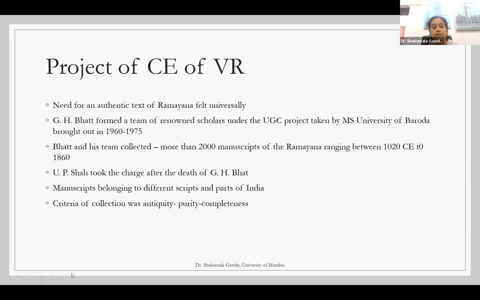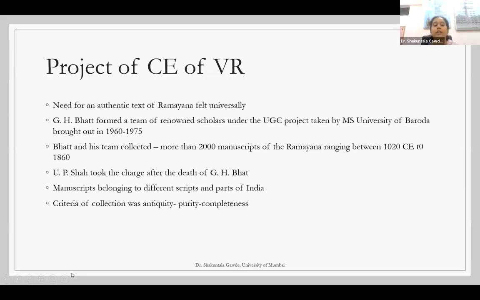It may be the Kumbhakonam edition, Bengal edition, like that. So there was no uniformity in the text. There must be some variance. So there was definitely a need for a critical edition of the Ramayana.